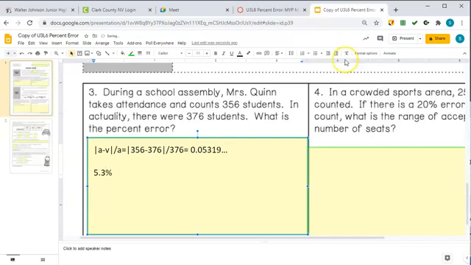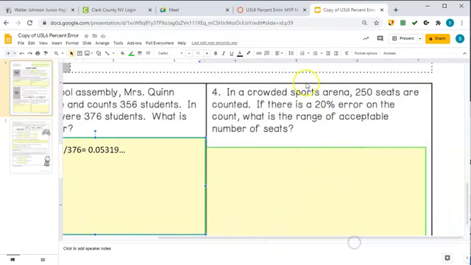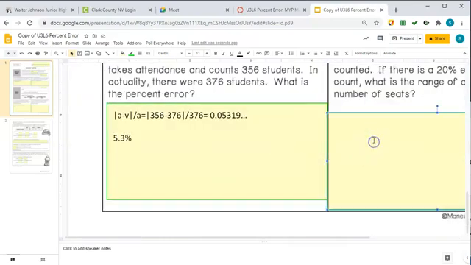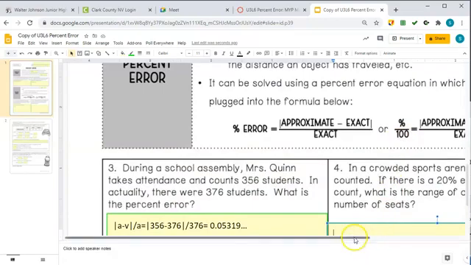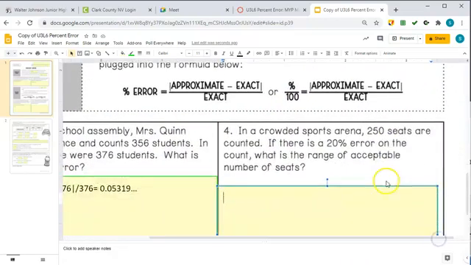Alright, let's go ahead and take a look at slide 4. In a crowded arena, the 250 seats are counted. If there was 20% error in the count, what is the range of acceptable seat numbers? So, let's figure out what 20% of 250 is.